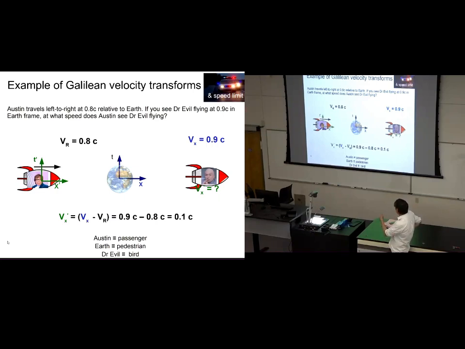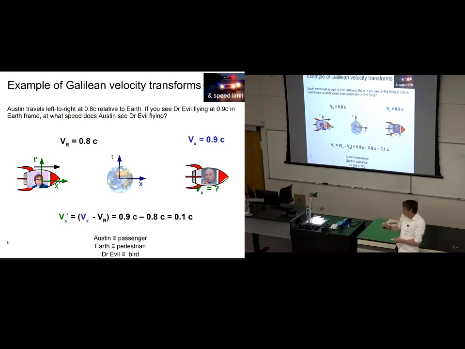So I can plug in the speed that the Earthlings see Dr. Evil traveling at, 90% of the speed of light, and the speed of Austin Powers, 80% of the speed of light. And I would calculate, which would be common sense, that Austin sees Dr. Evil traveling away from him at 1/10 of the speed of light, 0.1 c.